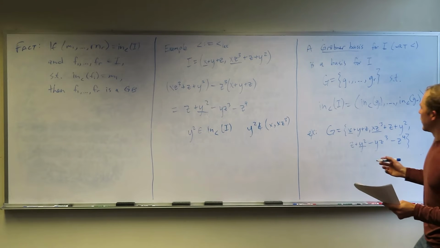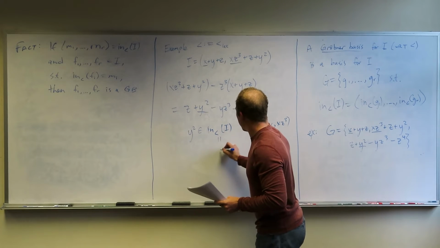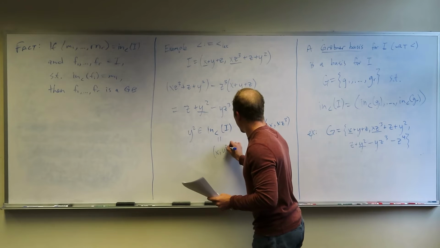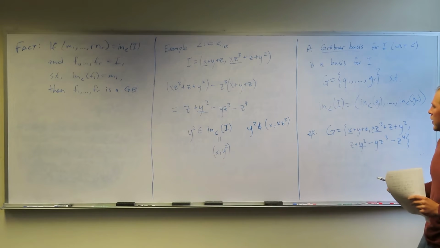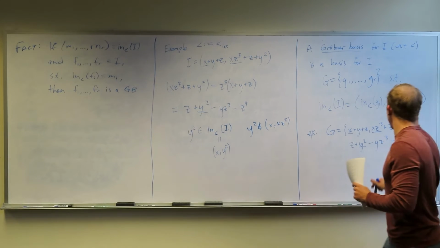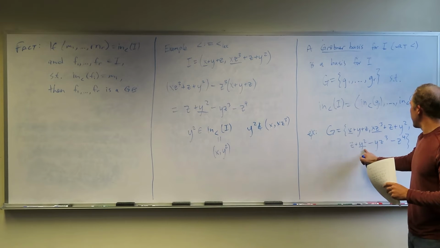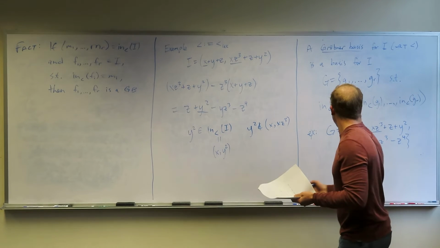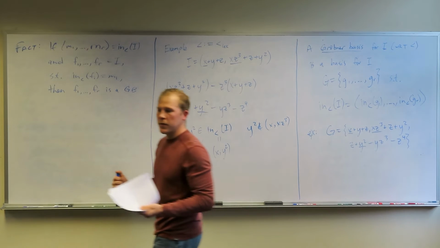Okay, so I forgot to mention that the initial ideal here is generated by just x and y squared. And again, I'm just claiming this. But since these are my M1 and M2, and then I throw in F1 and F3, now I've got a Gröbner basis, and this thing being redundant doesn't stop it from being a Gröbner basis, right?